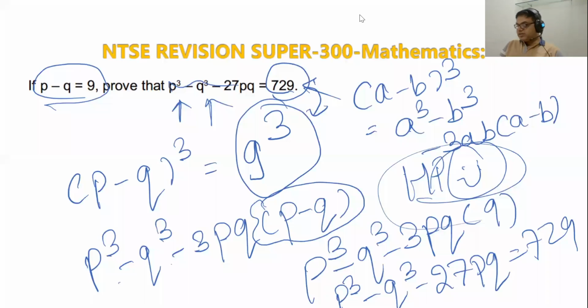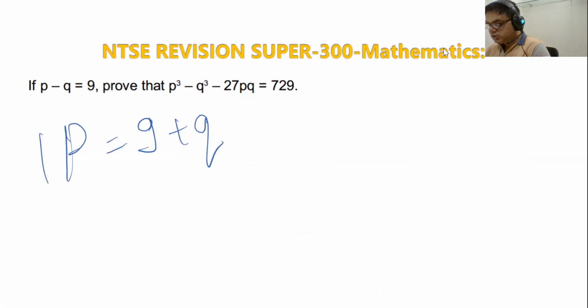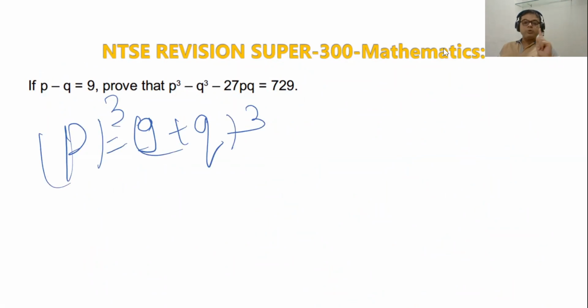ठीक है? The thing is, if you are asking कि सर कैन आई डू द क्वेश्चन लाइक दिस कि p is equal to 9 plus q and now I should cube both the sides. No, this will result in a problem. The problem with this method will be यहाँ पे आपको सिर्फ एक q का टर्म मिल रहा है, राइट? देखो करके देखते हैं क्या होता है. चलो, I think that it won't work.